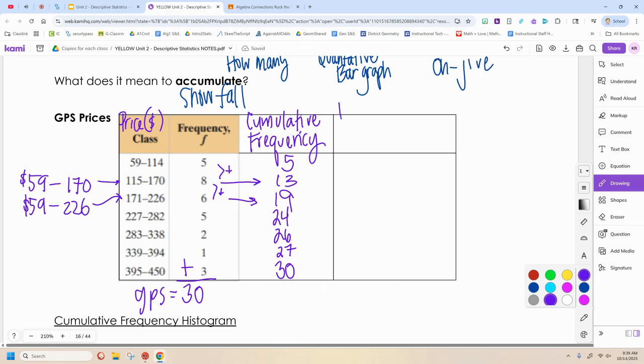is we do relative cumulative frequency. And when I'm doing relative, it's relative to the whole.